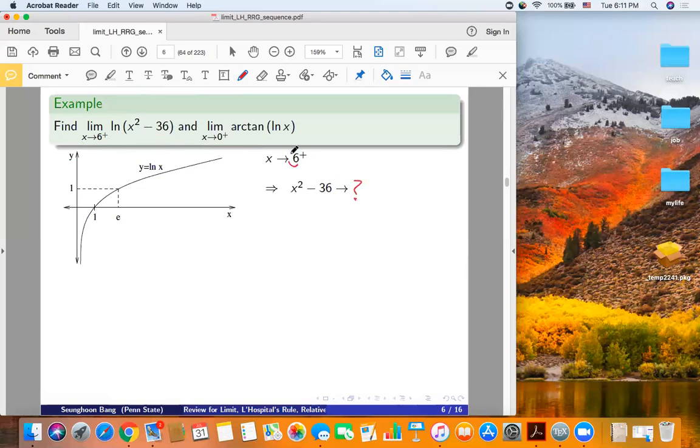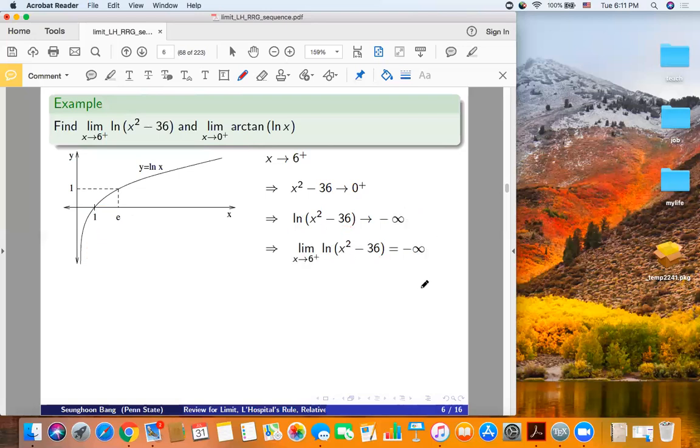You can plug 6 into here: 6 squared minus 36 equals 36 minus 36 equals 0, exactly 0 from the right. What happens to the ln function? The inside approaches 0 from the right, so the ln function approaches negative infinity. This is the whole idea.